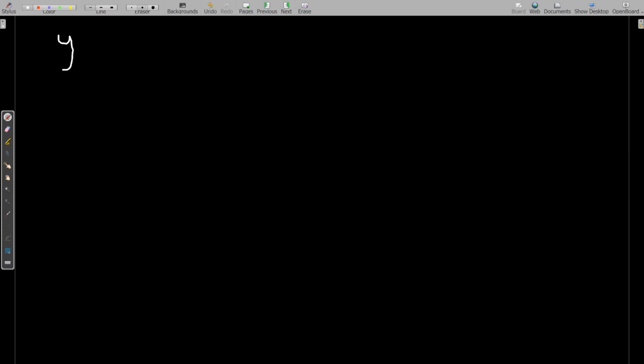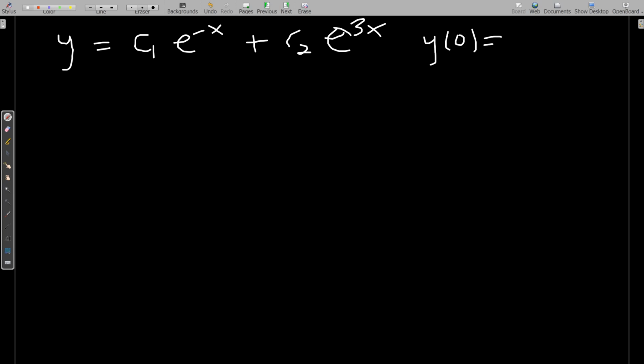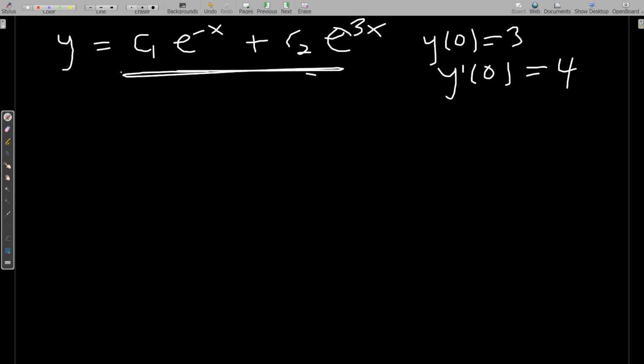So given that y is equal to c1 e to the negative x plus c2 e to the 3x, is our solution to the differential equation, subjected to y of 0 equals 3 and then y prime of 0 equals 4. What you do here is very simple. This is your solution, so you find y of 0 from this solution.